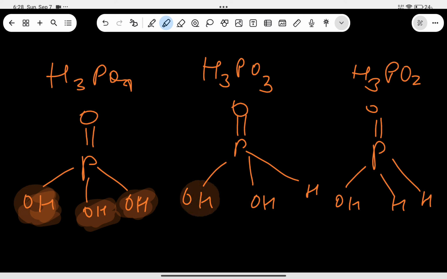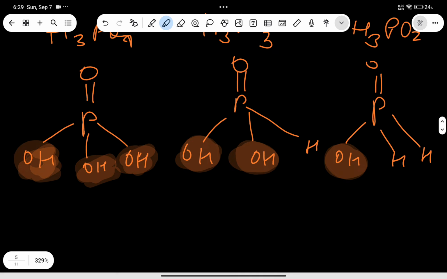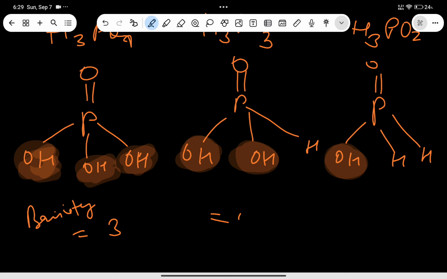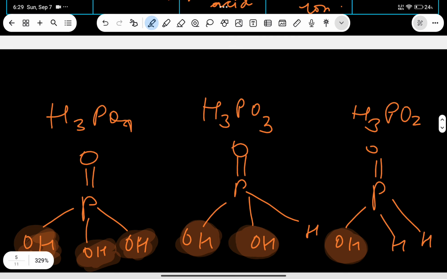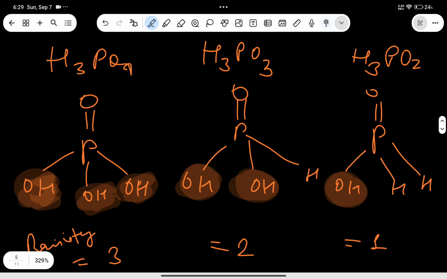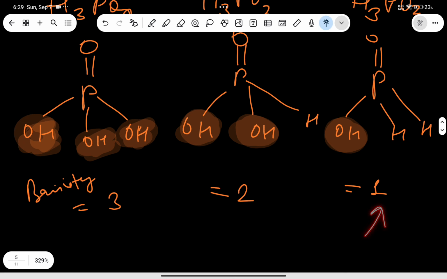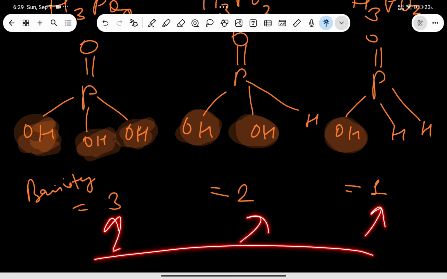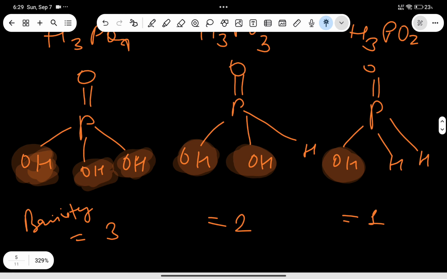Similarly, the basicity in this case will be 2 because two hydrogens are attached through oxygen, and the basicity here will be 1 because one hydrogen is attached through oxygen. So in this case the basicity is 3, this case it's 2, this case it's 1. Because of that, only one hydrogen can be removed in the last case, and only two hydrogens can be removed in the middle case. So these are the cases that you have to think and remember.